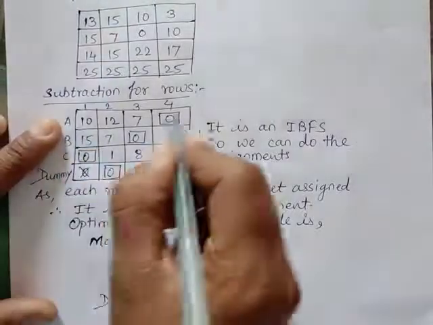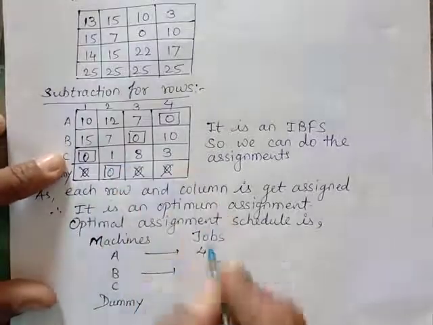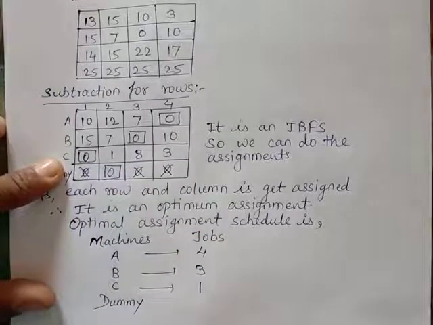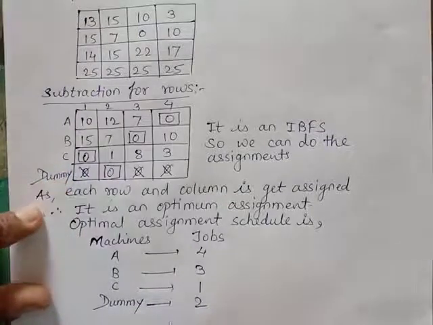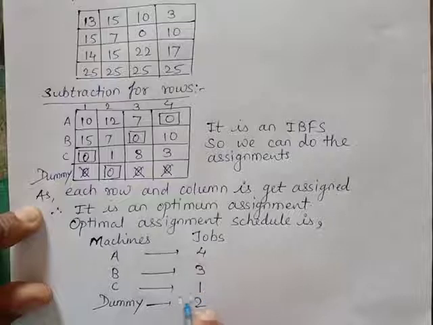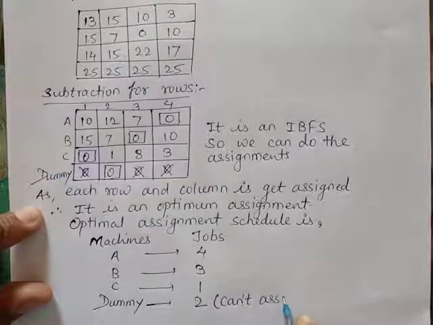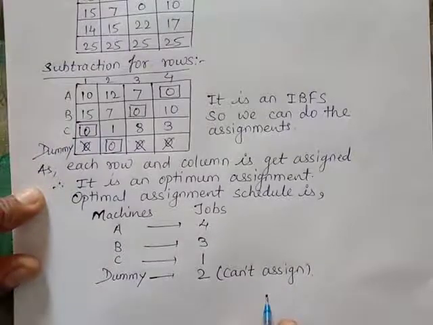A is assigned to which job? Fourth job. Machine B is assigned to third job. Machine C is assigned to first one. And dummy is assigned to whom? Second one. So what can we say here? This dummy one we can't assign. So the question is which job will remain unassigned.